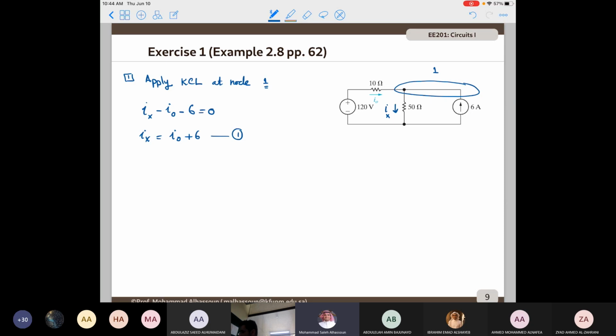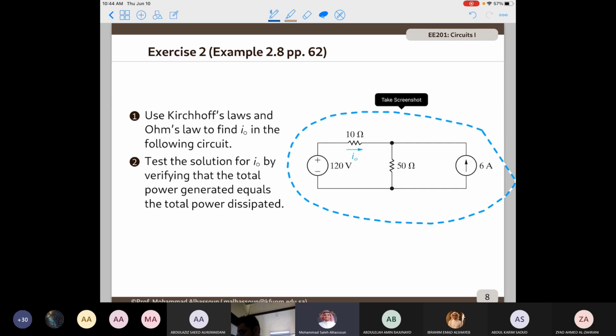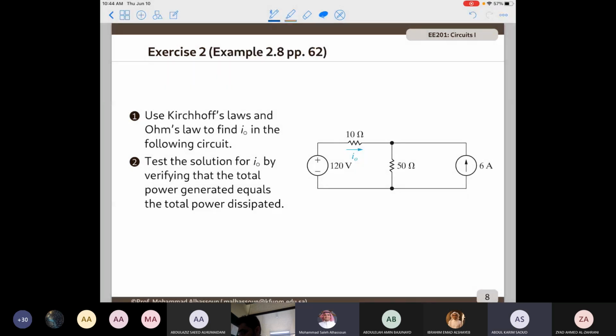Abdul Karim? Can I, doctor, go to the other slide? Yes, go ahead. I could do another node, and say my node is the one under the 6 ampere, because there are two elements there.